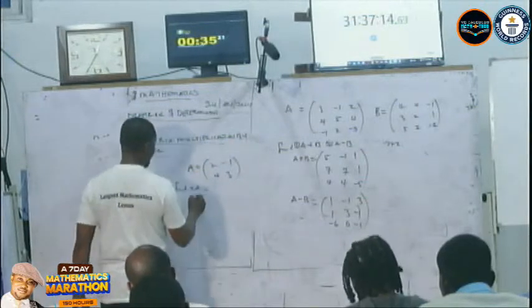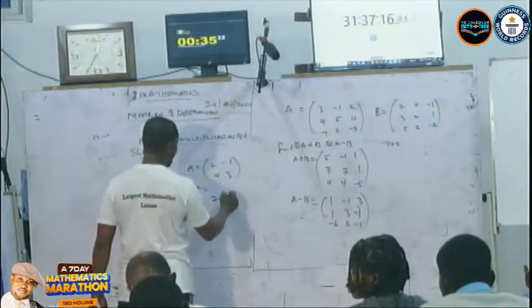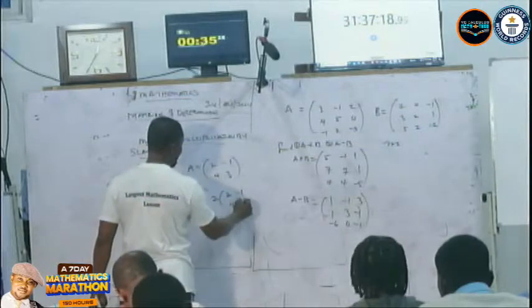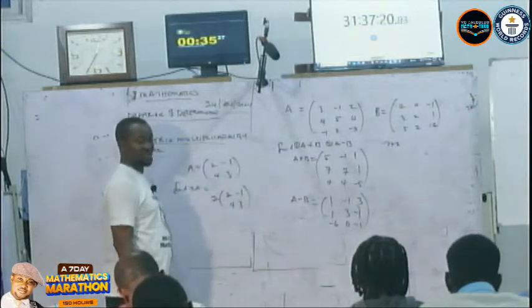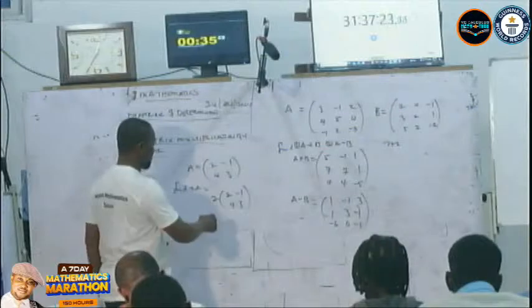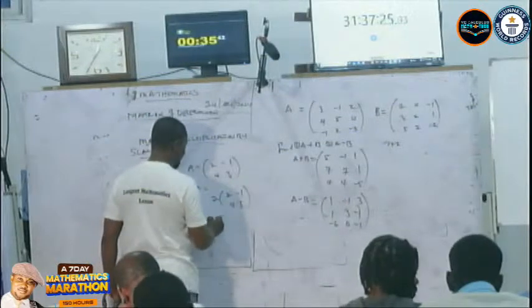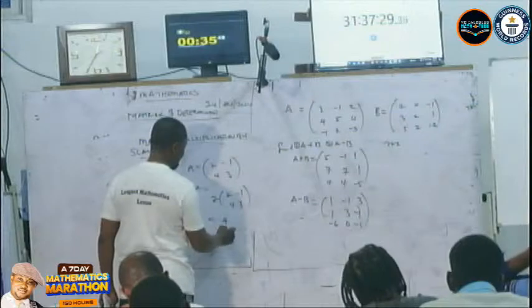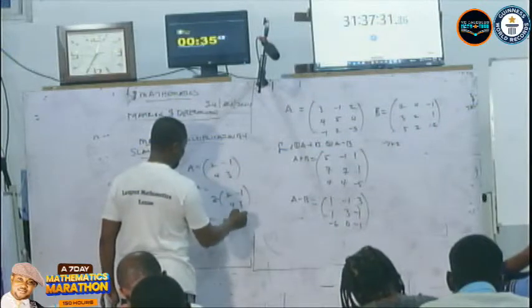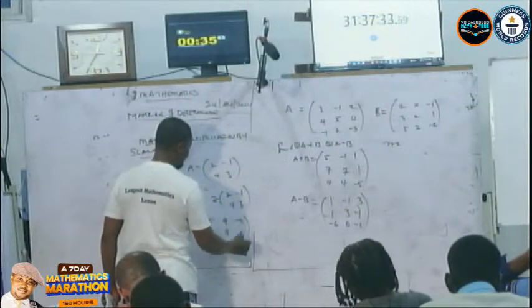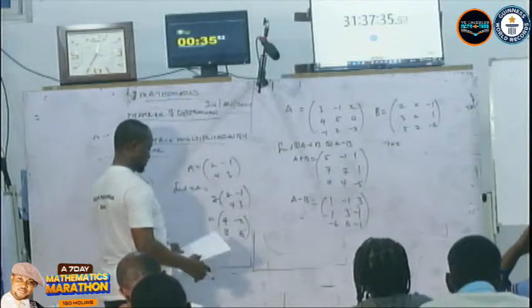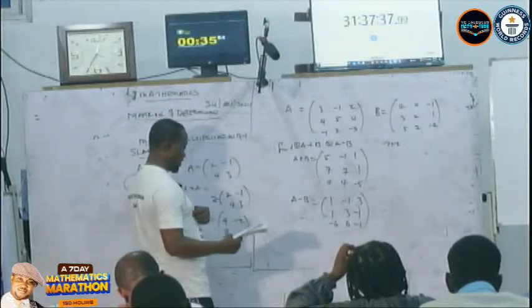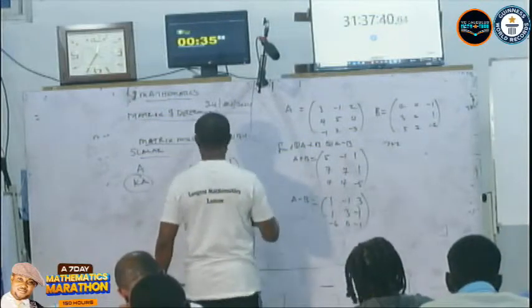So 2A will be 2 into A. The scalar quantity is multiplied with all the elements, meaning this one will be 4, 8, minus 2, and 6. That is 2A.